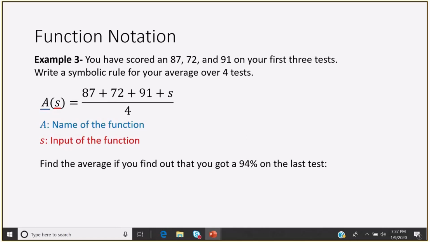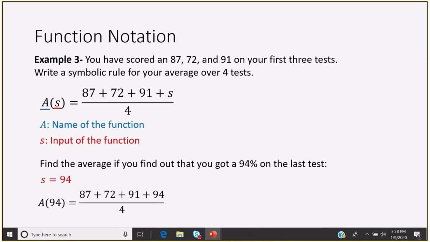Now, if I was asked to find the average if you got a 94% on the last test, well, that's a very long-winded way of saying my input is 94. And so I'm really trying to find what A of 94 is. So notice how my S is gone now, and I've replaced it with what my result was.